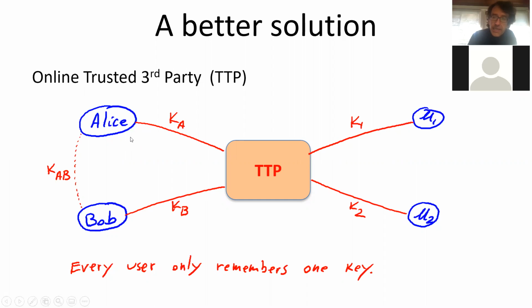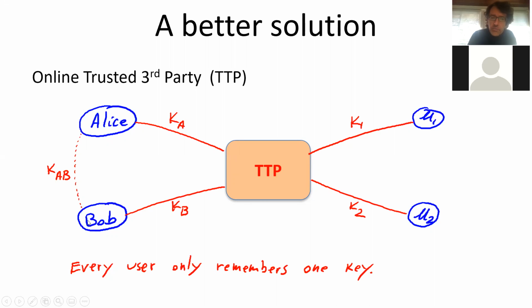So Alice has a key KA, and TTP also has KA; TTP associates KA with Alice. Everybody in the system has a key like this. That's the only key they have. So that's nice. It's scalable for users, less so for the TTP.